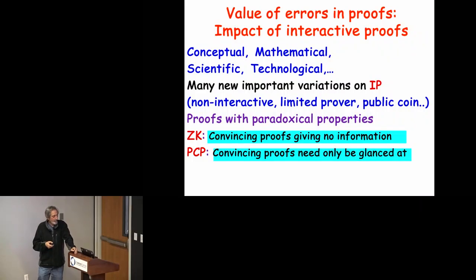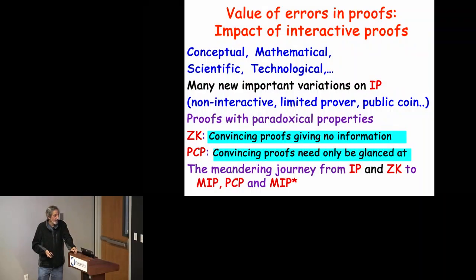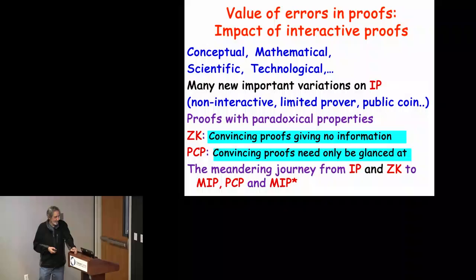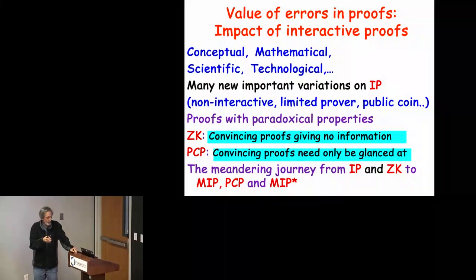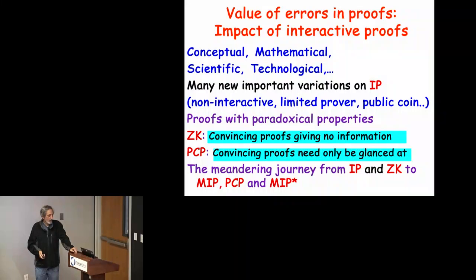But one point is that the ideas of introducing more and more proof systems with these properties led us to even more proof systems, in particular proof systems with multiple provers, as mentioned in the title. We'll get to them, and eventually to quantum proof systems that I talk about at the end. Okay, so it's a story of a journey.